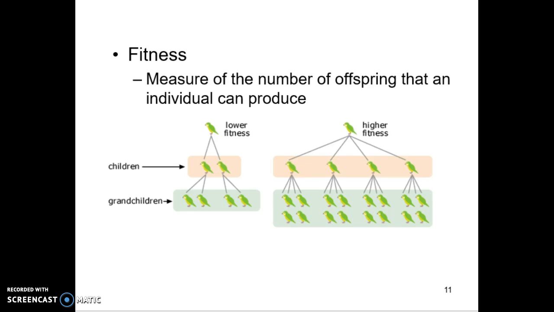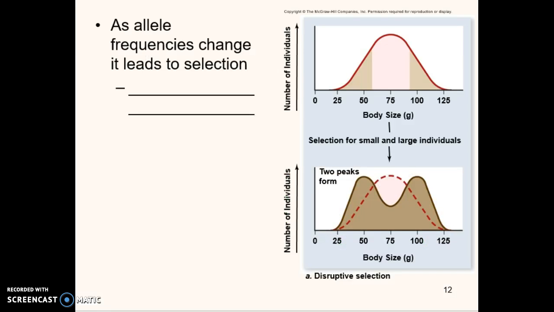So the bird on the left with 2 kids, low fitness. The bird on the right with 4, a lot greater fitness. So in nature, fitness means reproductive success. Lots of offspring, passing on your genetics, carrying on your traits, and passing on or maintaining your genes in the general population. So selection comes in 3 different varieties.